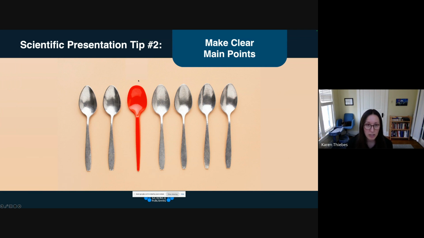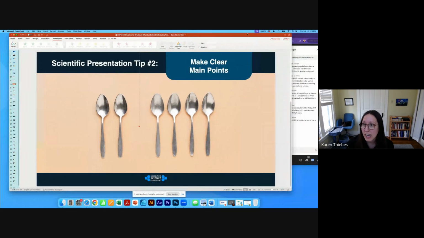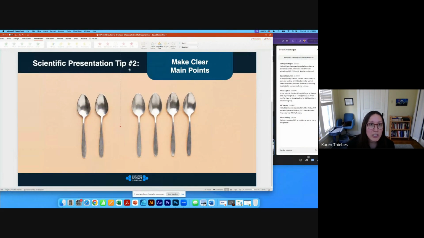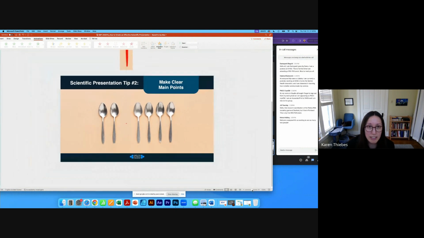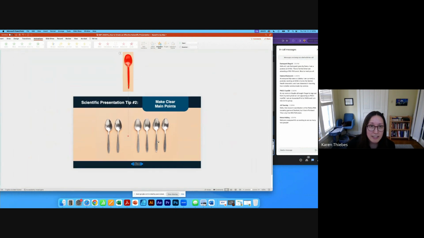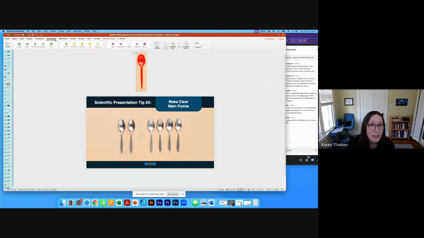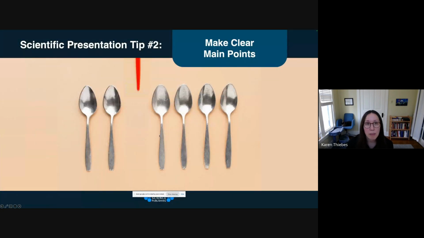I'll just zoom out to show you that spoon feeding your audience can literally be as simple as pulling up your animation panel in your presentation using appear or disappear, or just using slides consecutively to make the information appear one thing at a time.